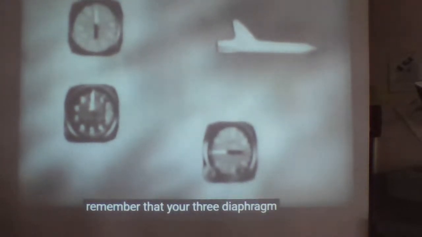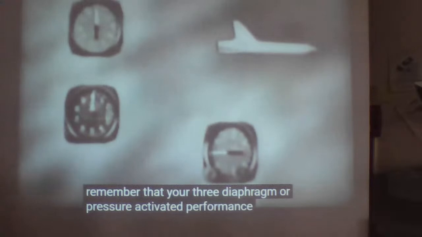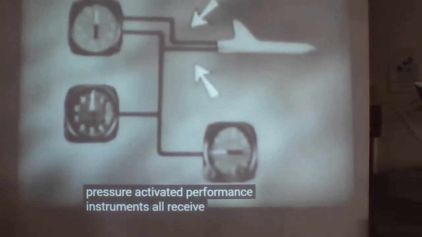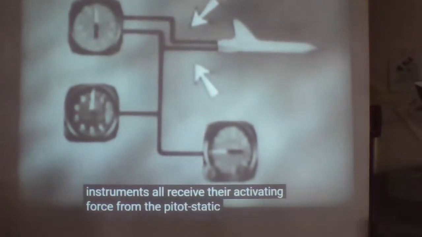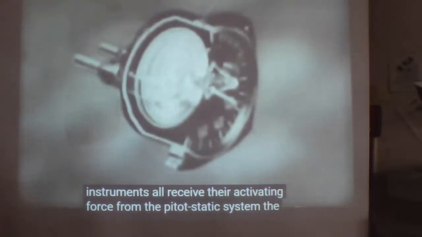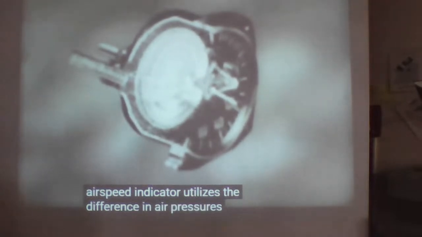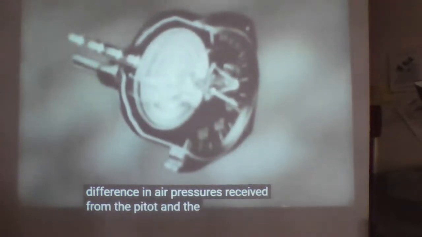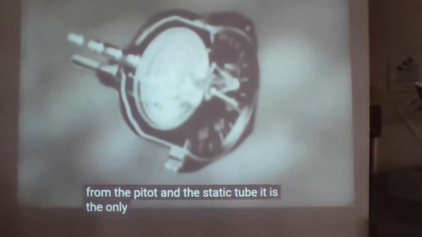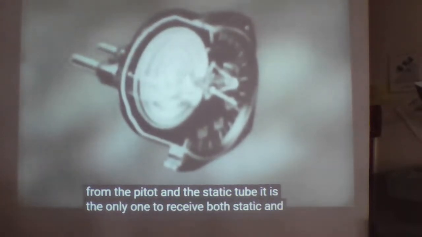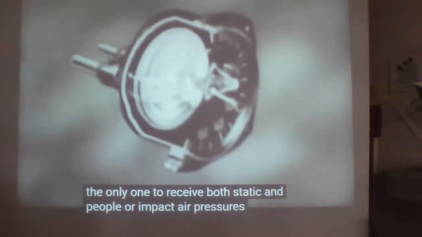Remember that your three diaphragm or pressure-activated performance instruments all receive their activating force from the pitot-static system. The airspeed indicator utilizes the difference in air pressures received from the pitot and the static tube. It is the only one to receive both static and pitot or impact air pressure.